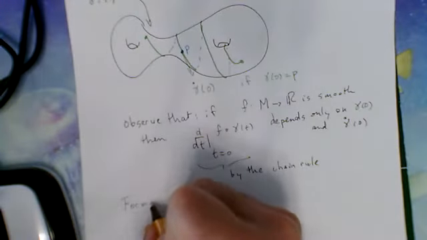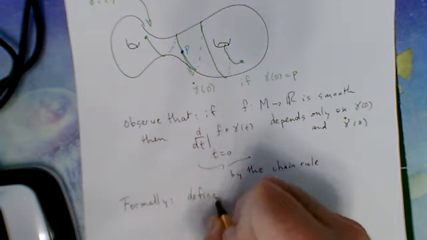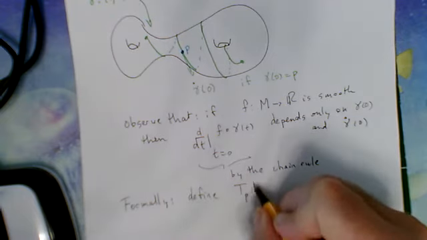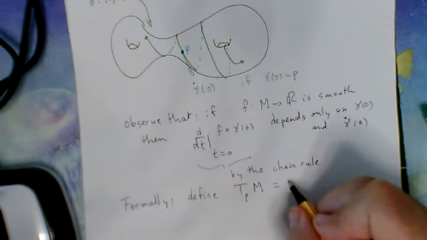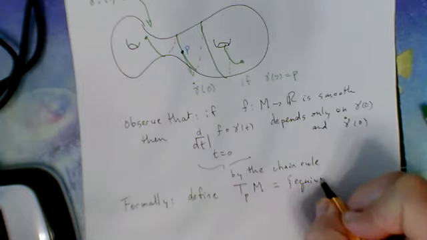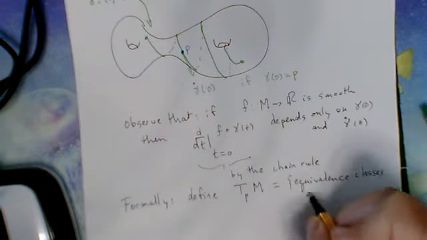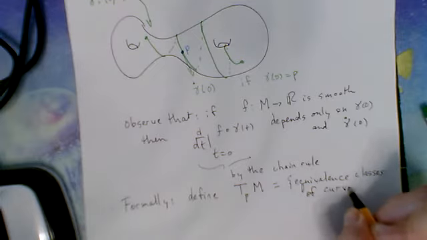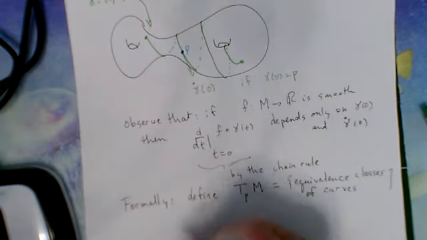of this curve. So formally, I can define the tangent space as an equivalence class of curves. And when are two curves equivalent?